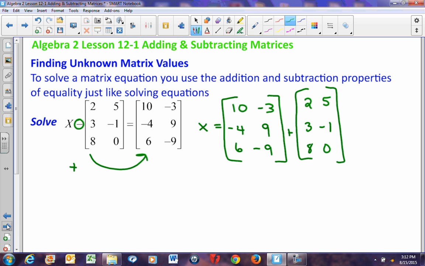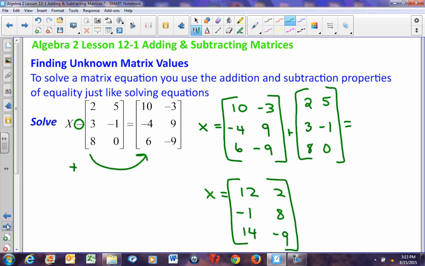And when we add those together, we'll get the answer for x. So x is going to equal 10 plus 2 is 12, -3 plus 5 is 2, -4 plus 3 is -1, 9 plus -1 is 8, 6 plus 8 is 14, and -9 plus 0 is -9. So there we have it.